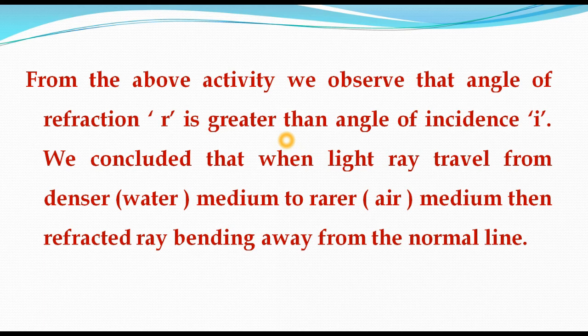That is the I value. Angle of refraction means the angle between the violet color straw and the normal. That is in the air. Here light rays are traveling from denser medium to rarer medium. Therefore angle of refraction is greater than the angle of incidence.